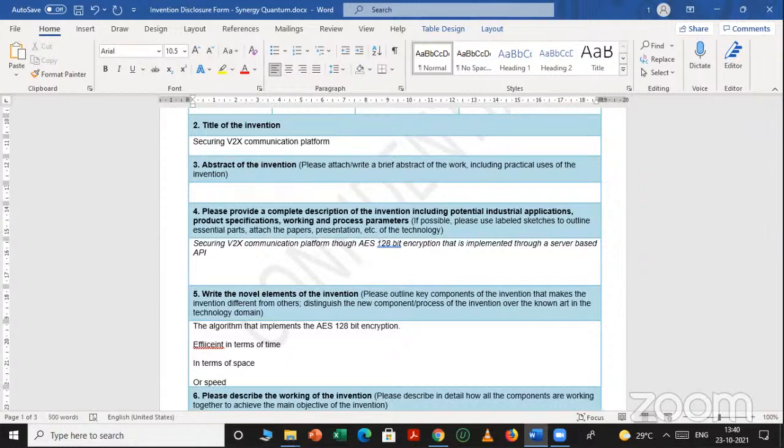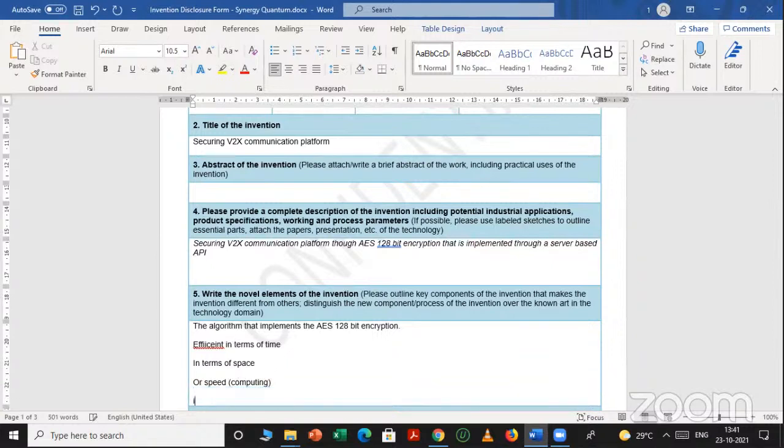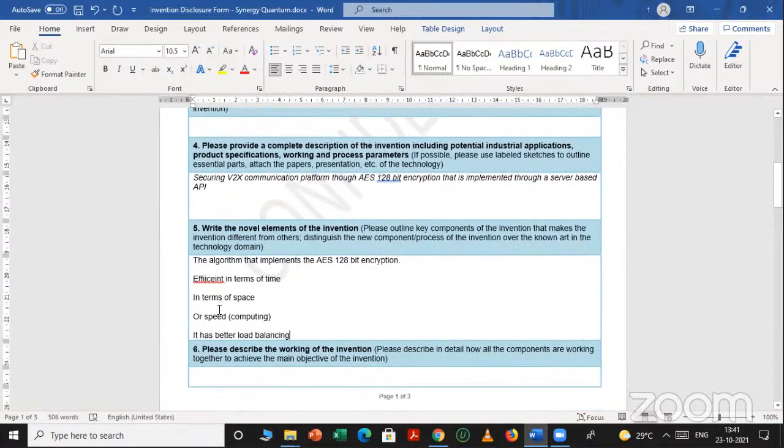When I'm talking about speed, I'm talking about computing speed, or it has better load balancing. So the purpose of pointing out all these points is to tell you what can be the novelty of the invention. Because when you give this invention disclosure form, and your attorney or a firm like us writes the patent and submits it to a patent office, the examiner is going to ask a similar question.